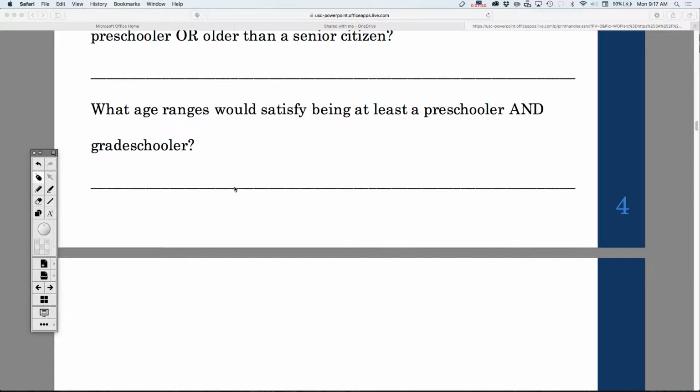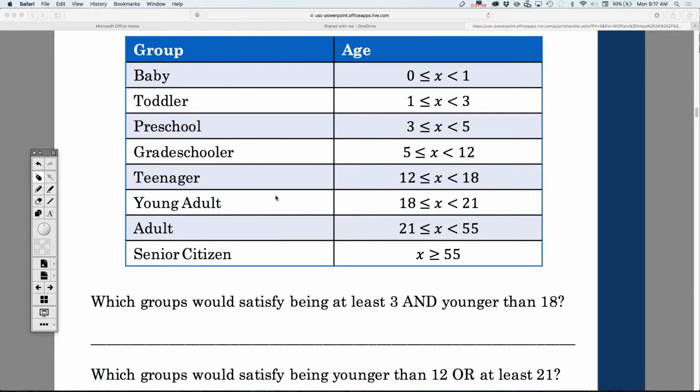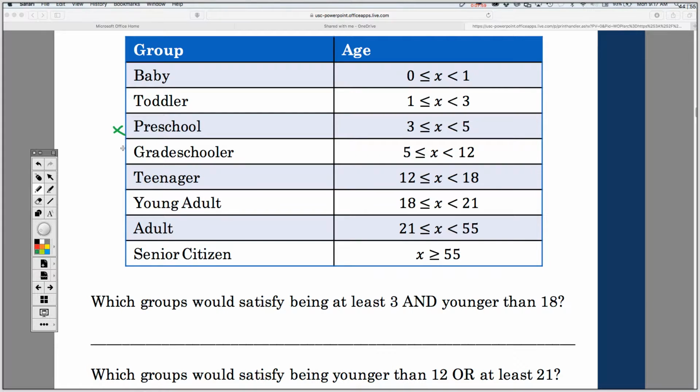Okay, what age ranges would satisfy being at least a preschooler and grade schooler? So you only want preschooler and grade schooler. So come up to the chart. You need this one and this one, right? So find your bookends. What's the least amount of age?